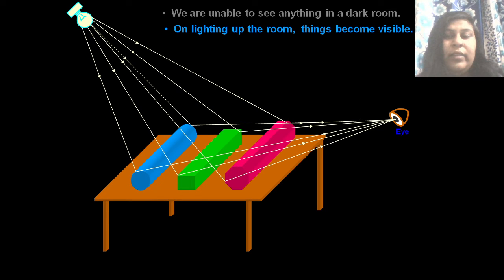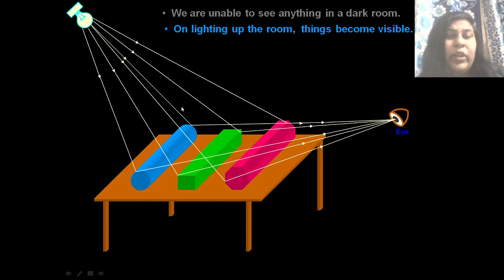You can see we are unable to see things in a dark room. See here, this source of light, the light bulb, is switched off, and this is the eye of an observer. He is not able to see the things in this dark room. But as soon as we switch on the light, the observer is able to see the things in this dark room.